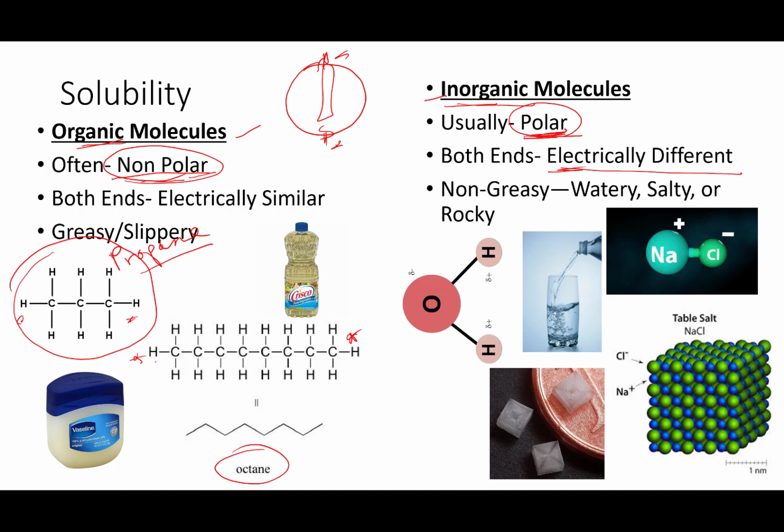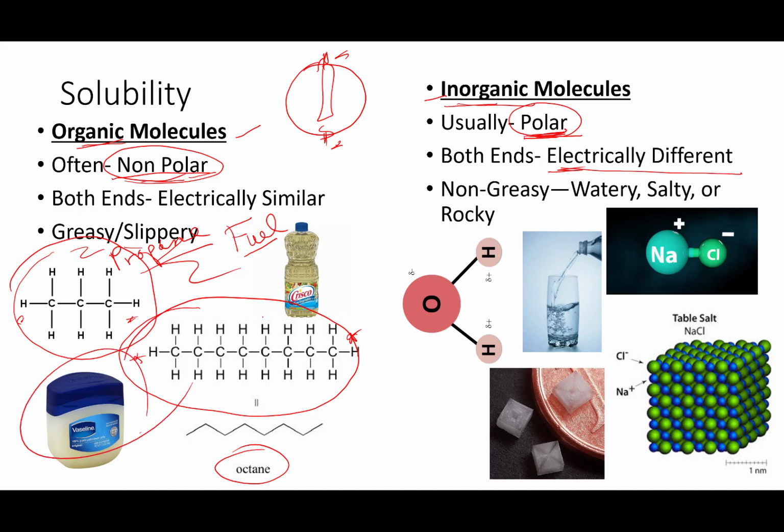Organic molecules tend to have very similar structures all the way around. They also have a tendency to be kind of greasy and slippery. So if you're talking about fuel for a car or a heating system or a boat or a ship or whatever, Vaseline versus cooking oil, they tend to have this kind of a shape.